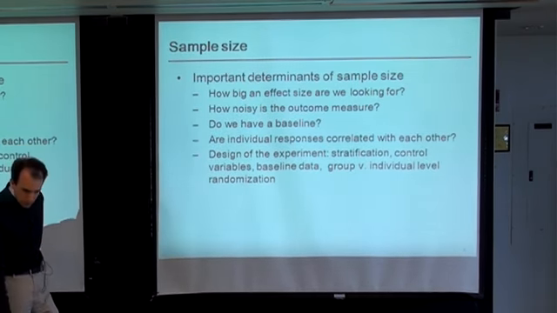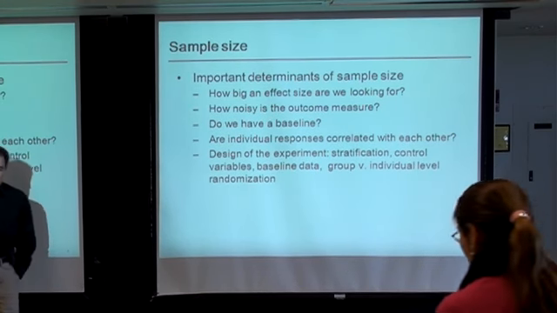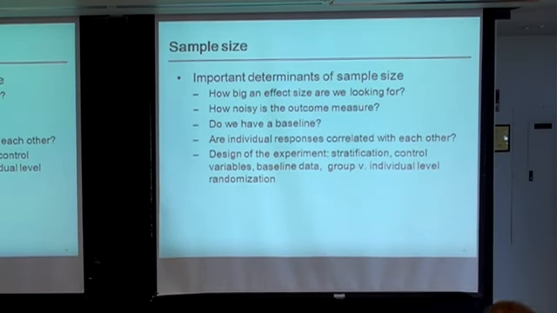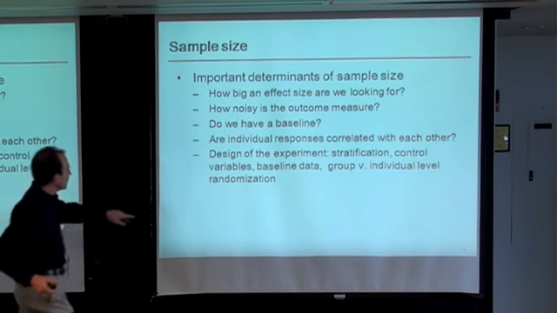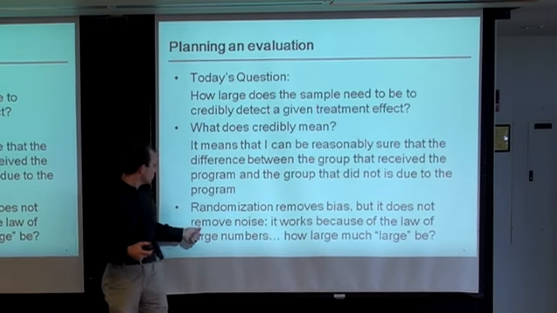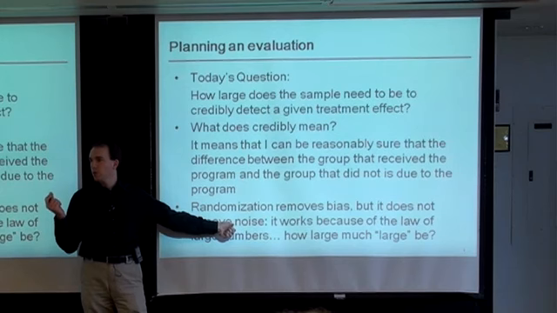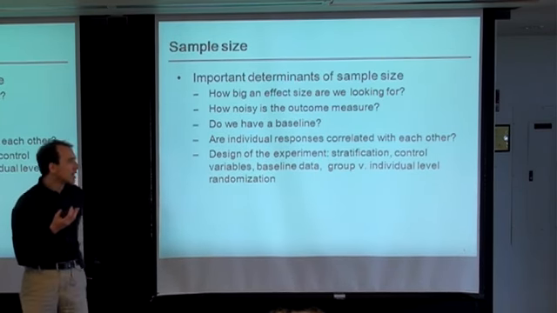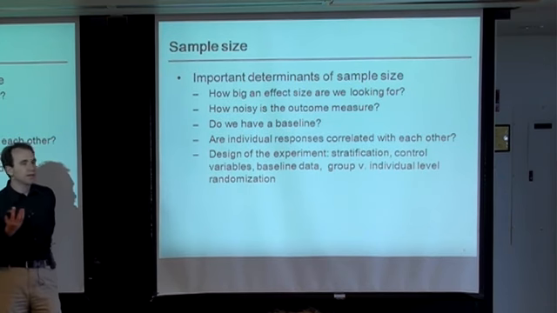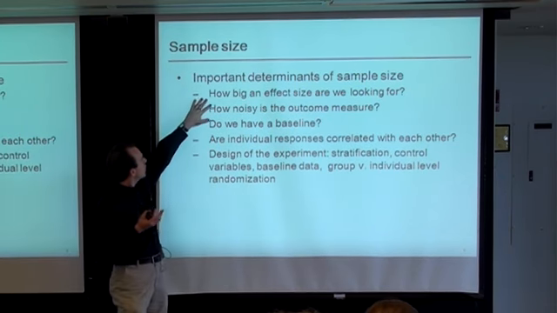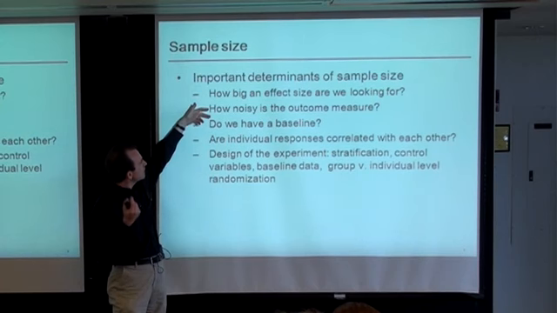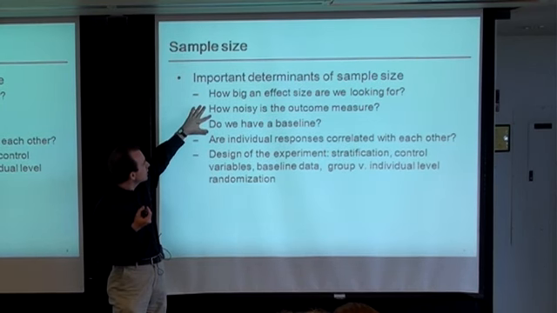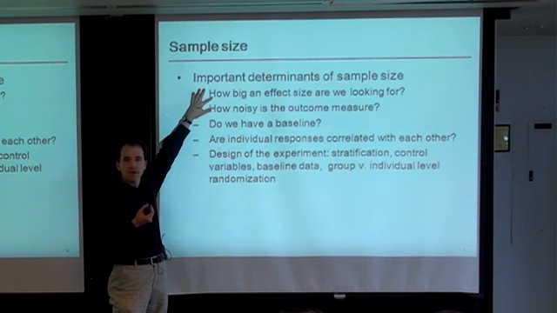Okay. When we think about how big our sample needs to be, remember the whole point is how big it has to be to remove the noise in our data. So we need to think about how noisy our data is, and also how big an effect we're looking for.